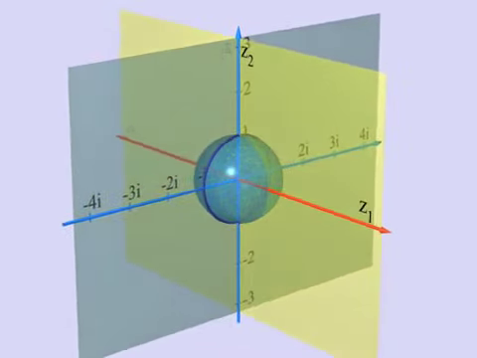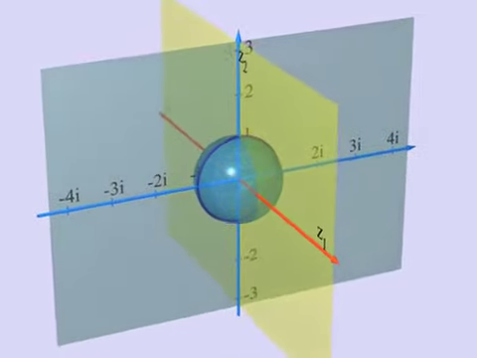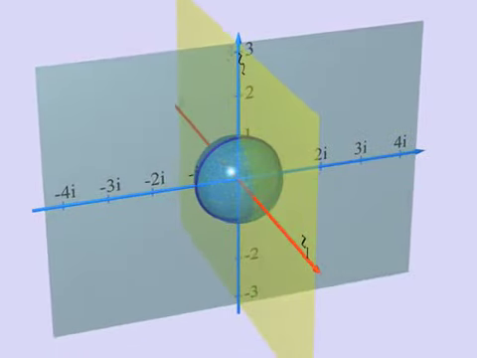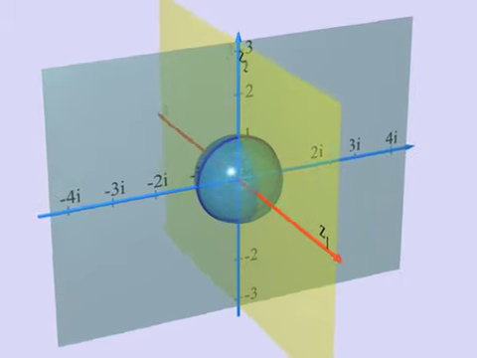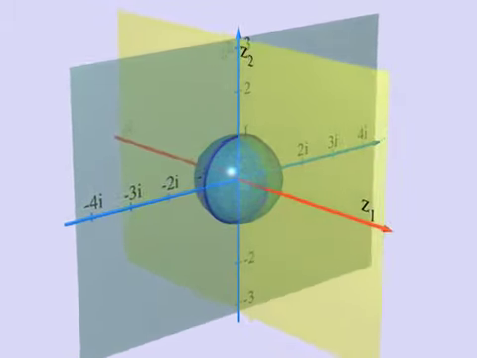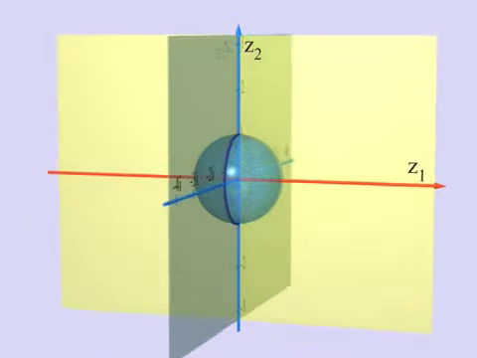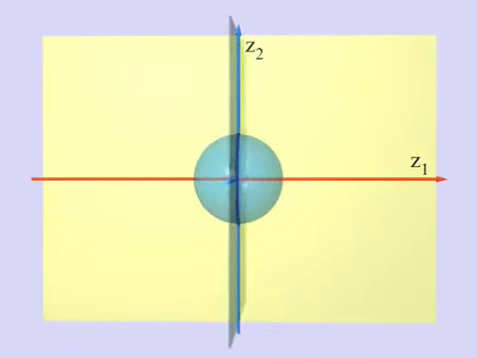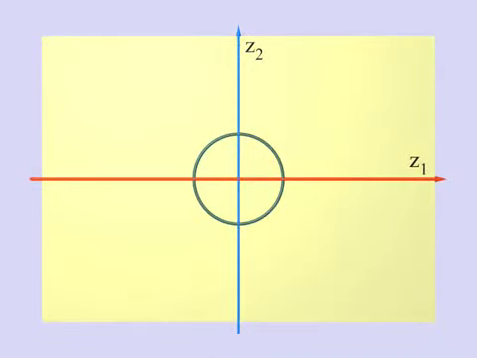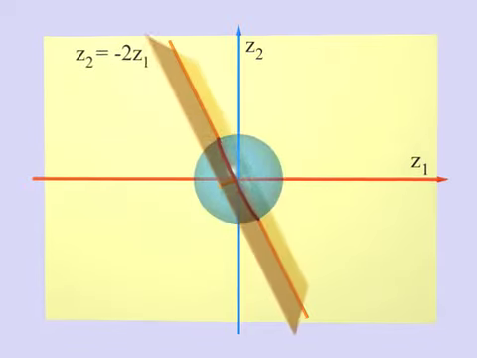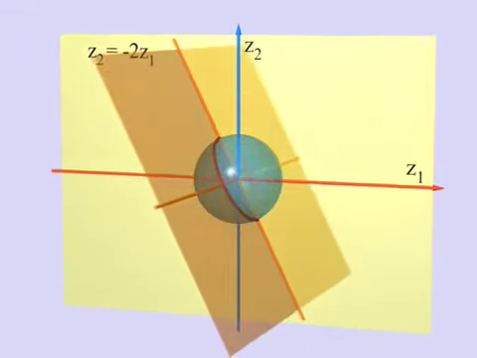Now, what is true for the horizontal line and the vertical line is equally true for all lines going through the origin. Here you can see the line with equation z2 equals -2 times z1.